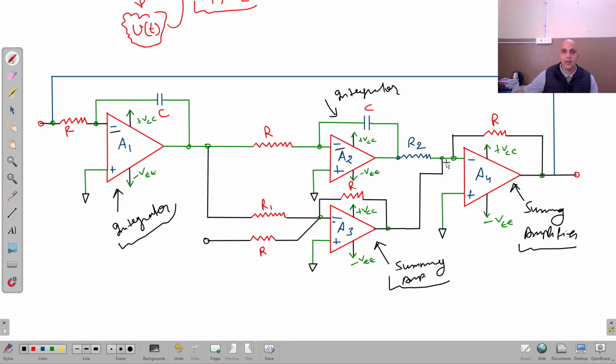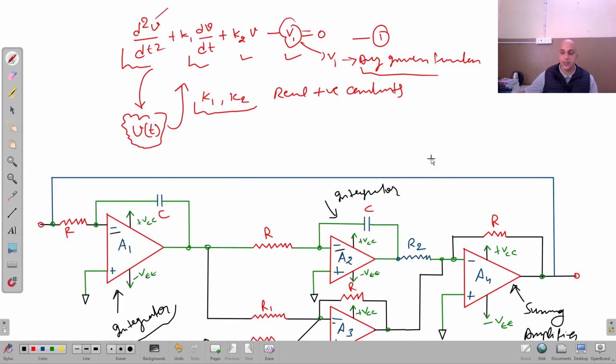Now, first of all, look at this differential equation, right? I can rearrange this differential equation. I can write it d square v upon dt square is equal to minus k1 dv upon dt plus b1 minus k2 v, right?